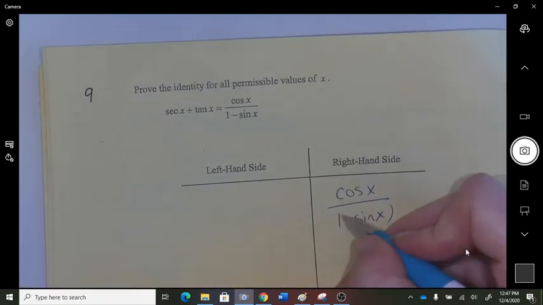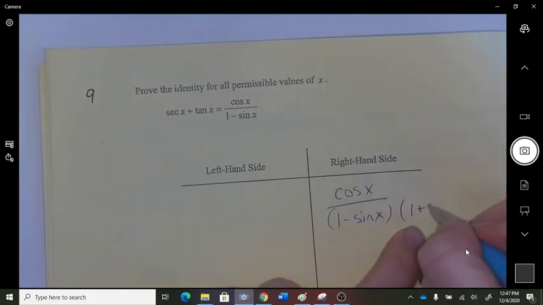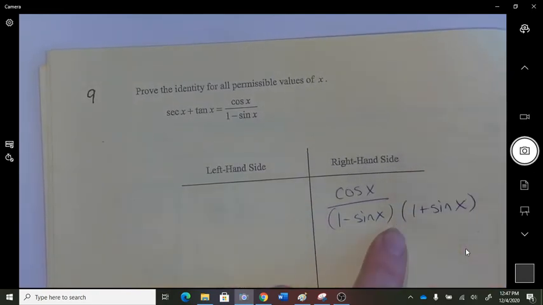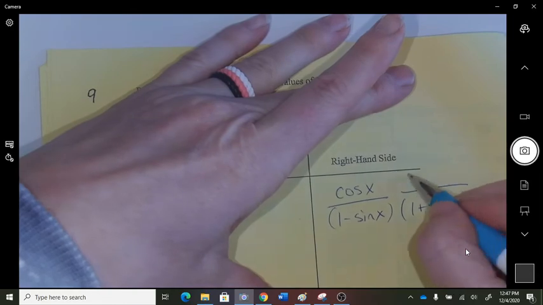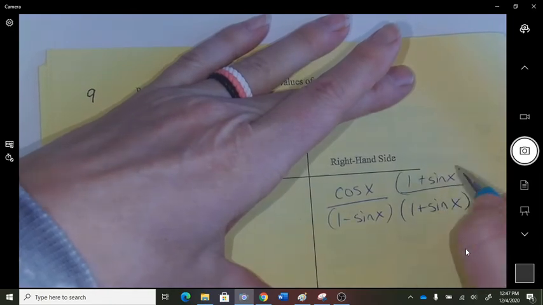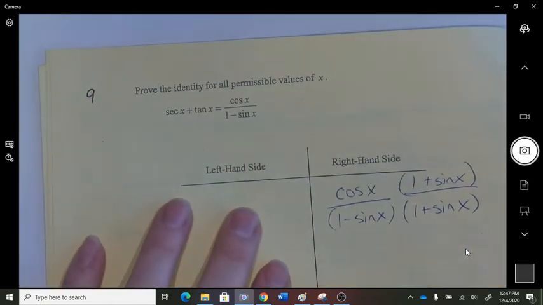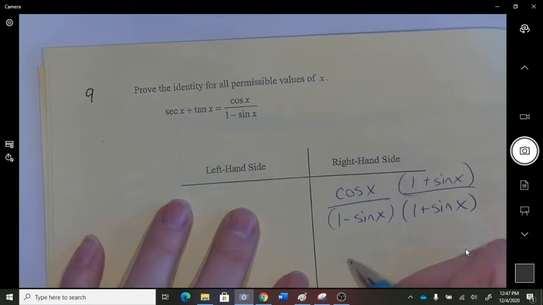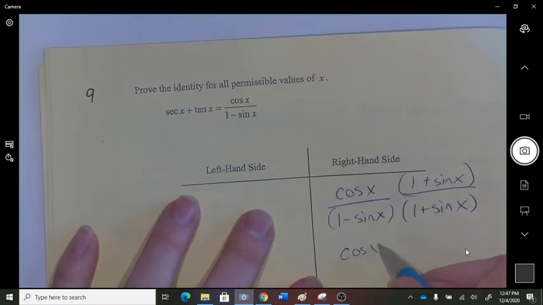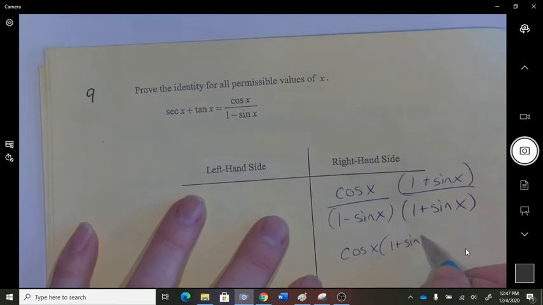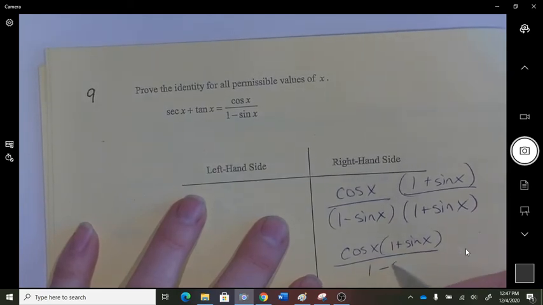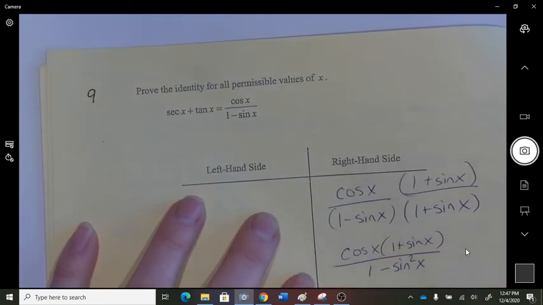So the conjugate would be 1 plus sine x, but then I'd also have to do that to the top. For now I'm just going to leave the top, but I'm going to simplify the bottom. So 1 minus sine squared x when I FOIL it.